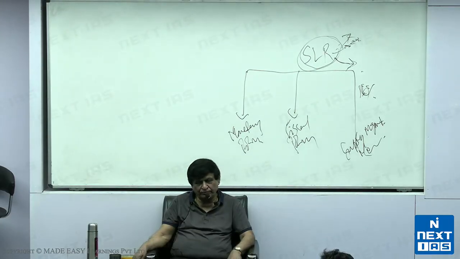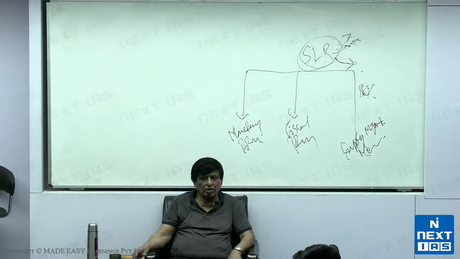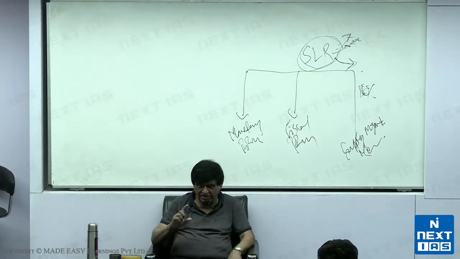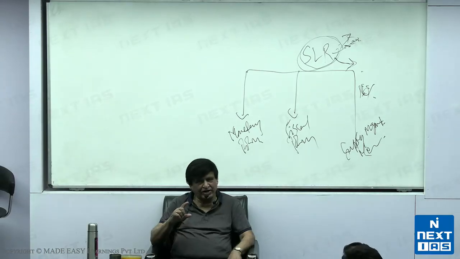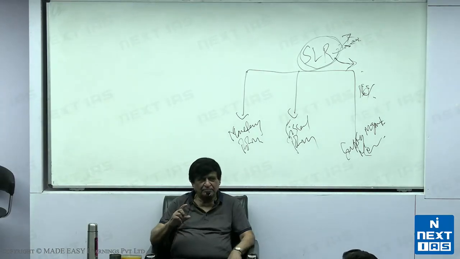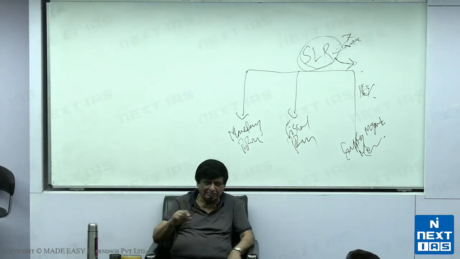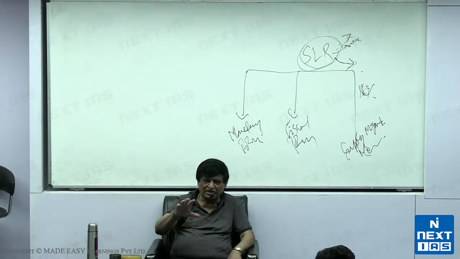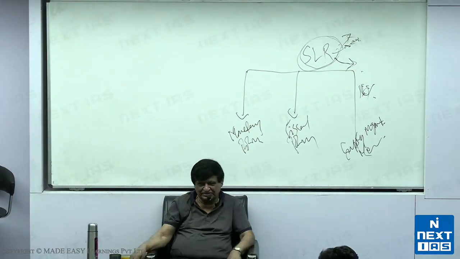But remember one thing, we very rarely ask questions on measures to control inflation in the mains. Listen to it carefully. But we can always ask, mention some of the supply management measures. Do you understand? Because the economic survey highlights those measures.